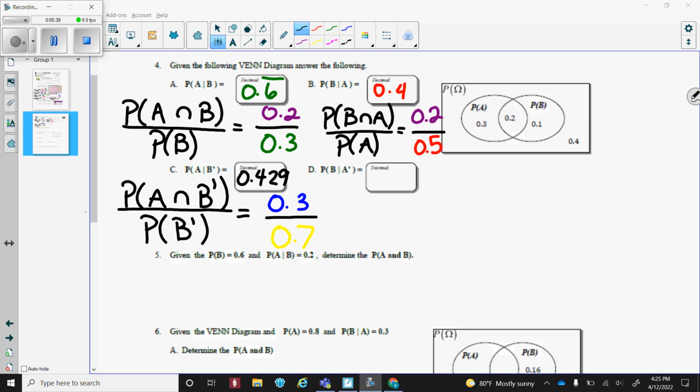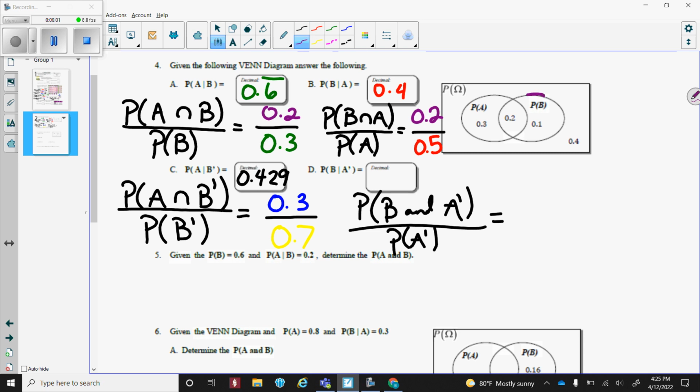Well, now, what do we do if we have B given it's not A? Same sort of process, starting off with the probability that it's B and not A, divided by the probability that it's not A. Well, probability of B is this circle. Probability that it's not A means all of this is gone. It is not part of what we're looking at.